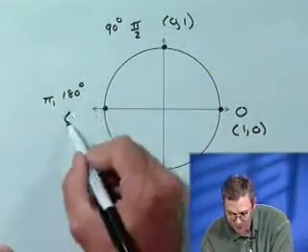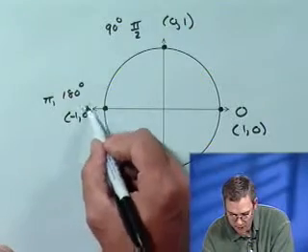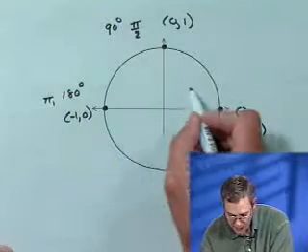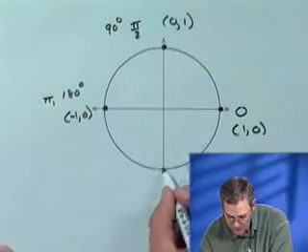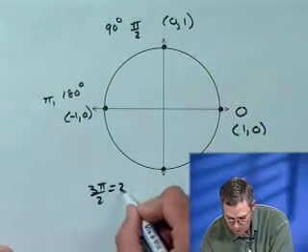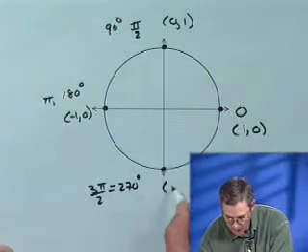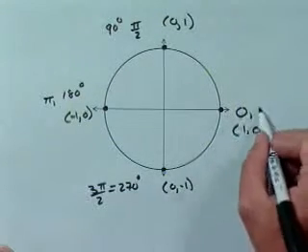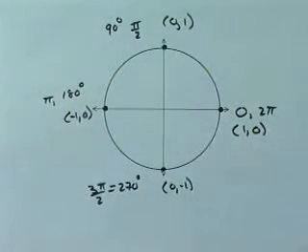And that is the point -1, 0. The 270-degree angle, that's 3 pi halves. And that's the point 0, -1. And 2 pi is the same angle as 0.